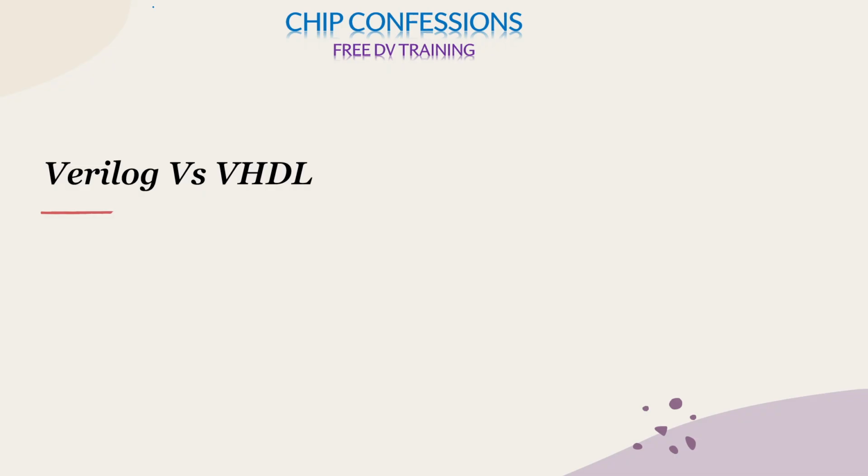VHDL is preferred for FPGAs, but even Verilog can be used to program FPGAs. So we can say Verilog is widely used compared to VHDL. VHDL has restricted application in aerospace or military applications. For such things we use VHDL. Let us see the differences.